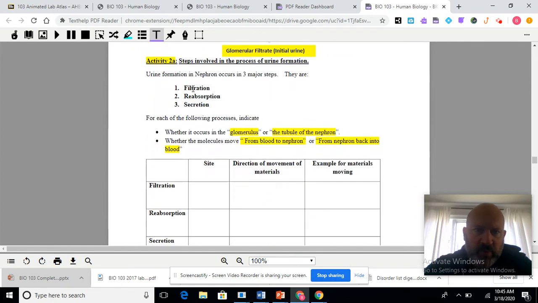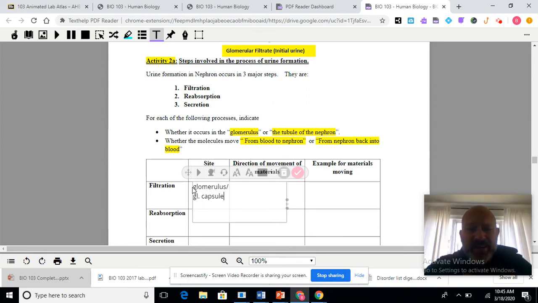We have three important processes that happen. Filtration is the first one, and this is happening at the glomerulus. Well, it's between the glomerulus and the glomerular capsule. And what is the direction of the movement of materials?